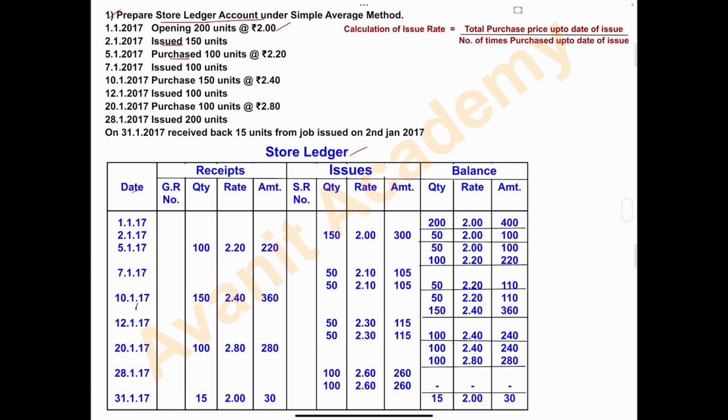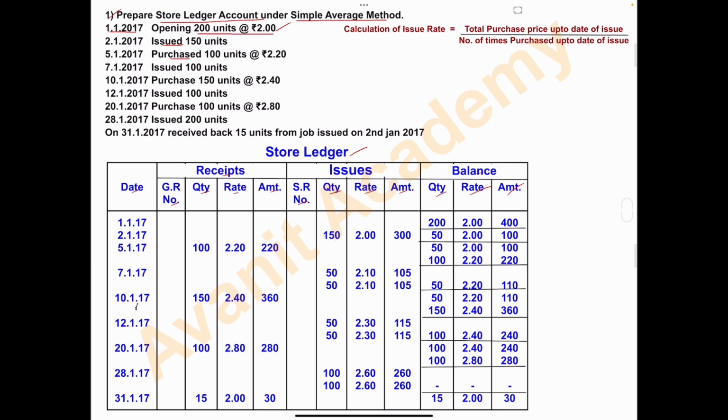Columns are date, receipts in that GR number, quantity, rate, amount, issues in that SR number, quantity, rate, amount. And the last one is balance, that is quantity, rate, amount. First entry is on 1st January 2017, that is opening balance of 200 units at rupees 2 per unit.